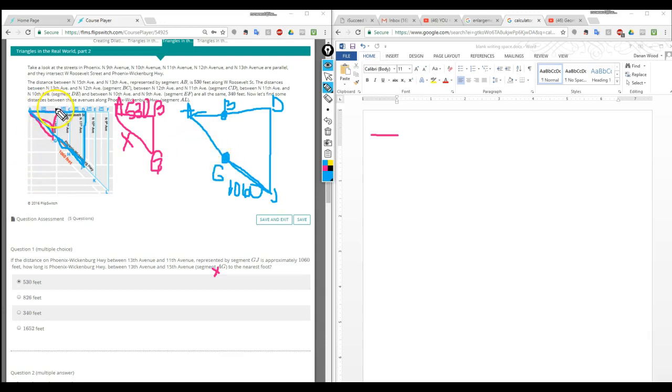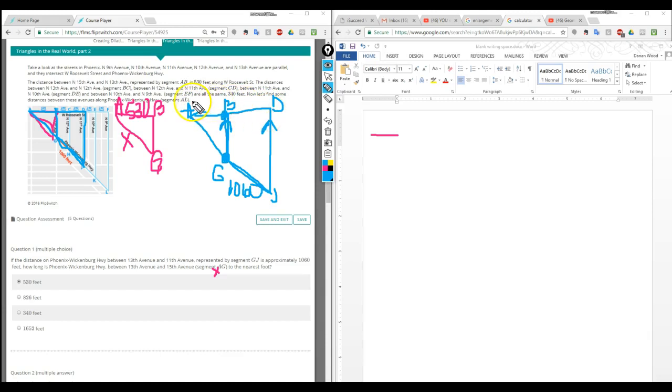Now, since these are streets, they're going to be parallel. So we have side length BG parallel to side length DJ. And in one triangle, if we have a side length that is parallel to another side length, it's going to split the two sides that it's touching proportionally.